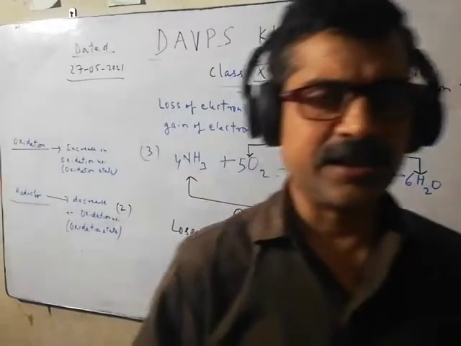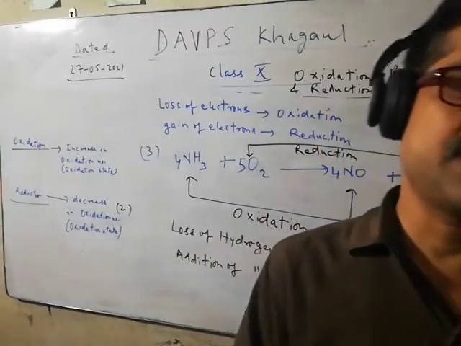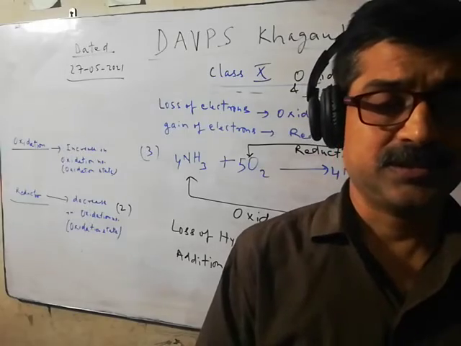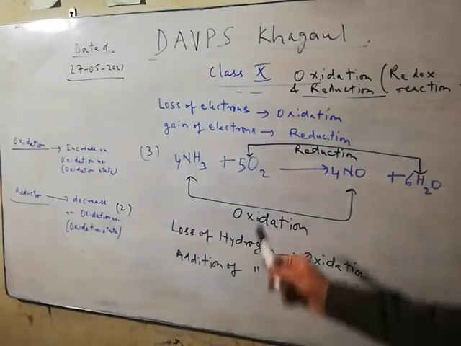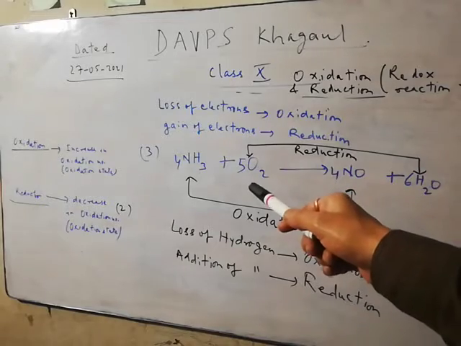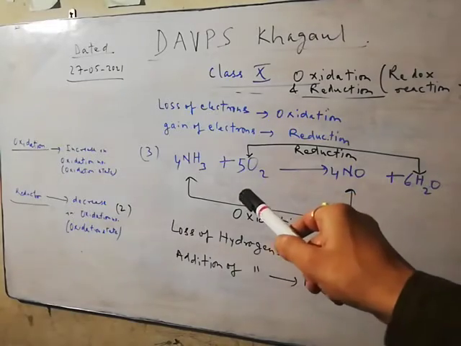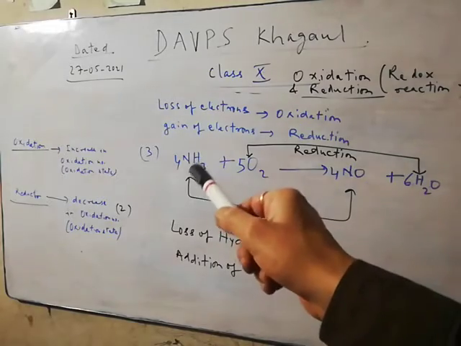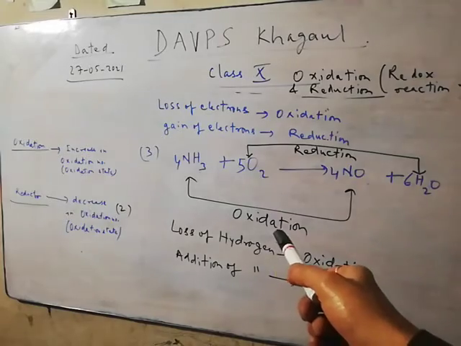Okay, is it clear? Are all of you getting these ideas? This point is also important for oxidation reduction: gain of hydrogen and loss of hydrogen. Oxygen O2 is gaining hydrogen to become water. What is gain of hydrogen? Reduction. Here, loss of hydrogen is taking place, so oxidation.